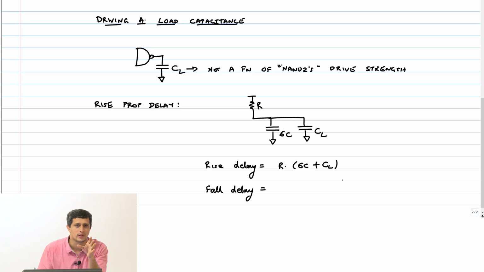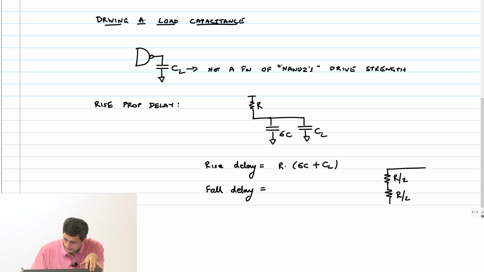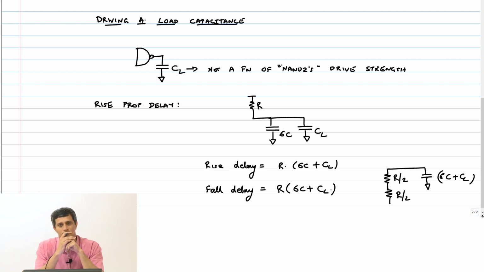Let us not worry about the intermediate capacitance for now. So I am going to just consider this case for the fall, R by 2, R by 2, and a net capacitance of 6C plus CL. So this will be R into 6C plus CL. Okay.